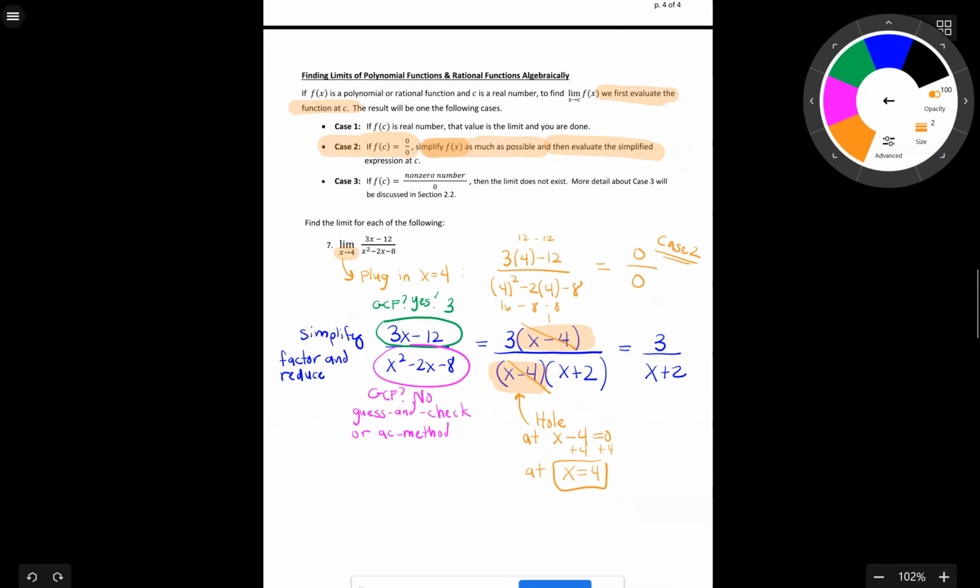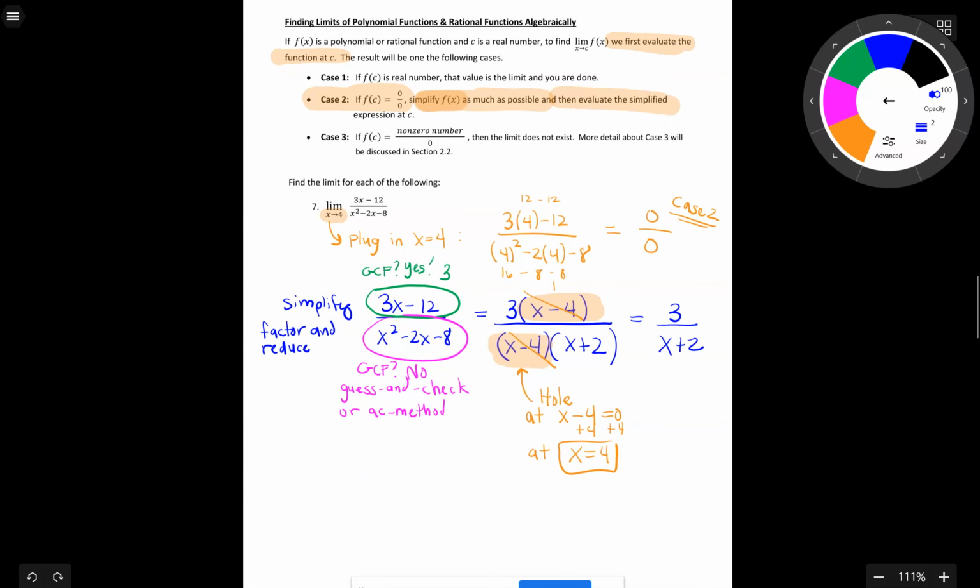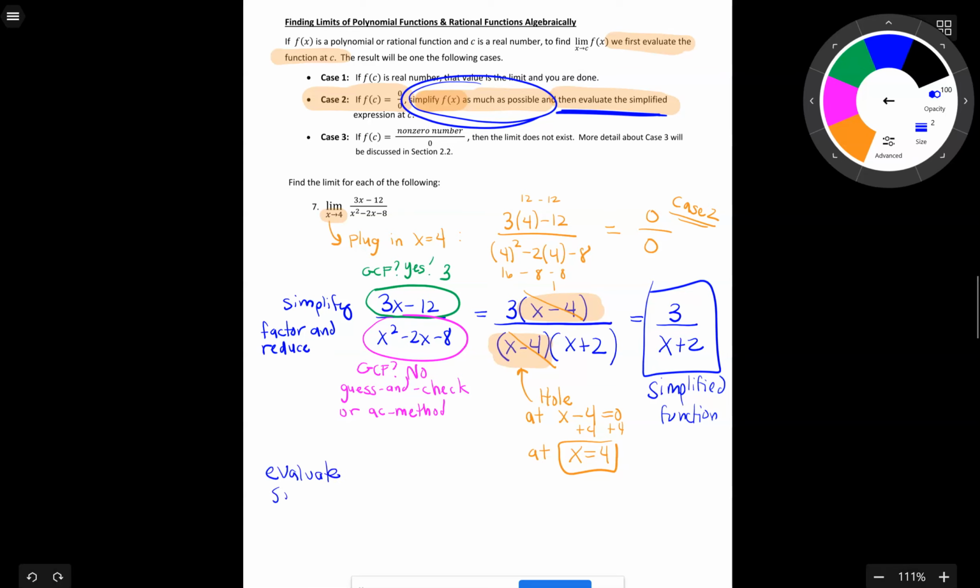So what we do now, this is what we've done so far. We have simplified as much as possible. This is my simplified function. Now that we've simplified the function, we need to evaluate the simplified function.